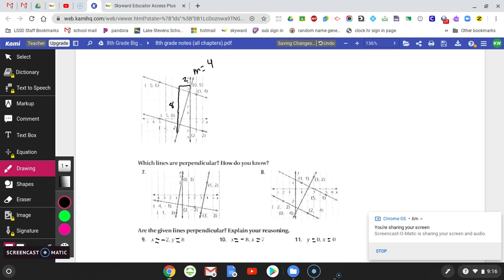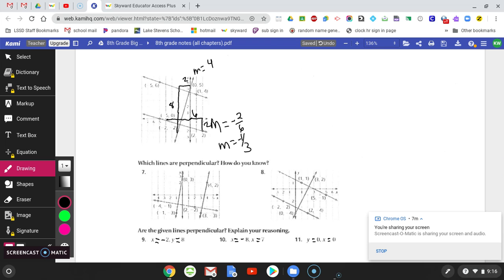This one, I'm going up 1, 2, and over 1, 2, 3, 4, 5, 6. So this one has a slope of negative 2 over 6, which is negative 1/3.